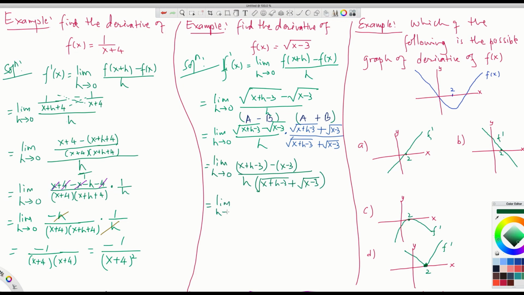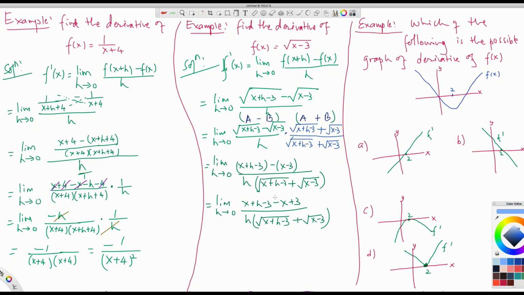Now simplify the numerator. Limit h tends to 0, x plus h minus 3 minus x plus 3, right? Because you distribute that negative sign to both of those, and divide by h, and then root of x plus h minus 3, and then plus root of x minus 3. You see, now you cancel out the common part. What are the common things there?